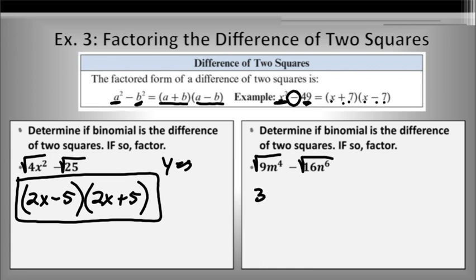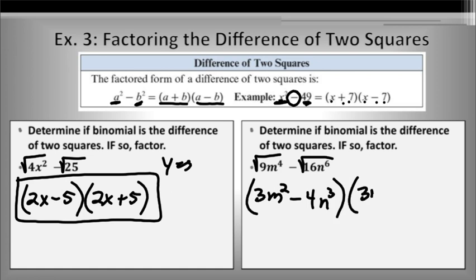The next one, find the square root of both sides here. I'm left with 3m squared, because m squared times m squared is m to the fourth. 3 times 3 is 9. So now I have minus, the square root of 16 is 4. The square root of n to the sixth is n to the third.